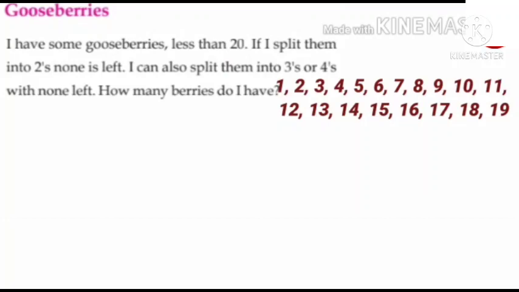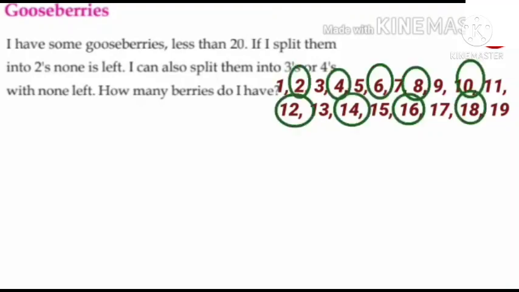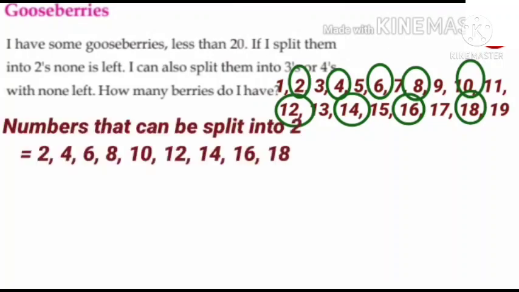Children, from this, which are the multiples of 2? That means which are the numbers that come in the multiplication table of 2? Yes, 2, 4, 6, 8, 10, 12, 14, 16 and 18. So children, numbers that can be split into 2s are, yes, 2, 4, 6, 8, 10, 12, 14, 16 and 18.